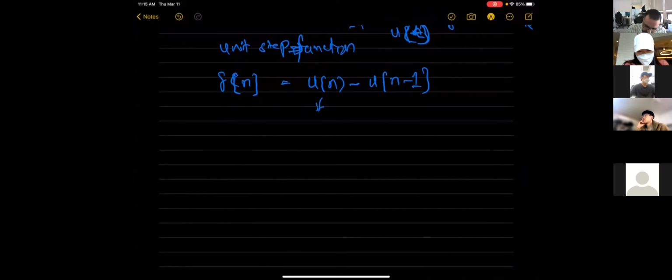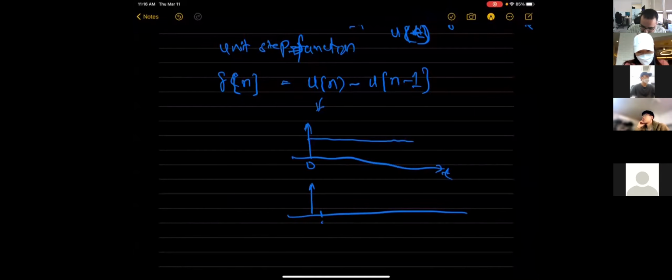So this one will be looking like this. If I have a value that is going from 0 to t, the unit step function will be like this, and the delayed one will be looking like this, right? So it is 1, and after 1 the value should be like this. If I subtract the unit step function from the 1 unit delayed function, how would it look?